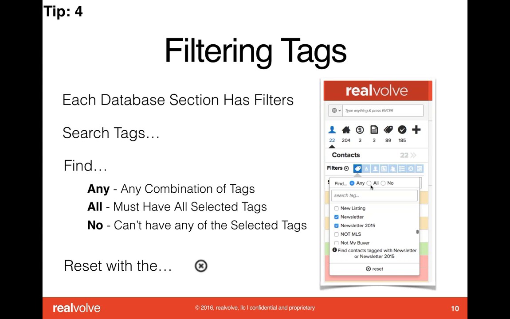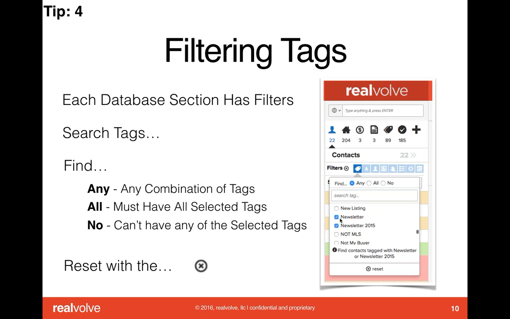Using the all option, that means all selected options have to be present on that contact in order for it to show up. So say I wanted to send some newsletters to everybody that belongs to, say, the Chamber of Commerce.